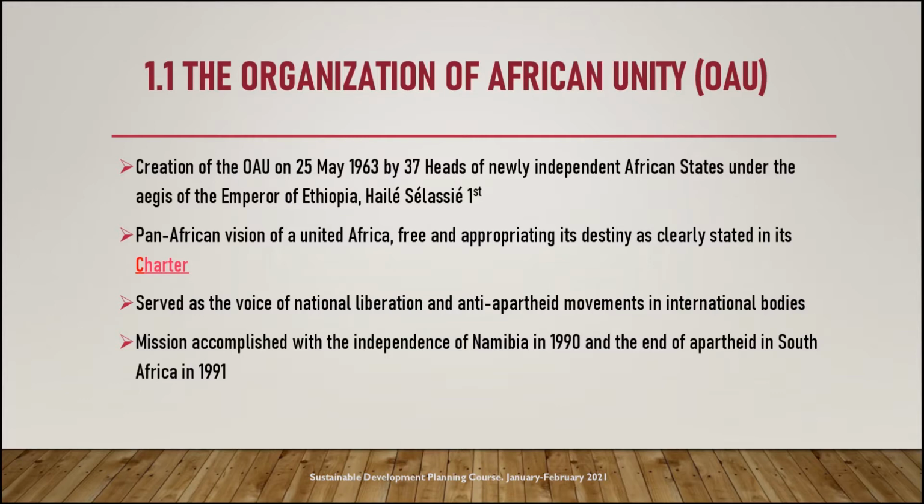In 1990, Namibia got its independence, and the apartheid in South Africa ended in 1991. And with those important events, one could consider that the OAU had accomplished its mission.